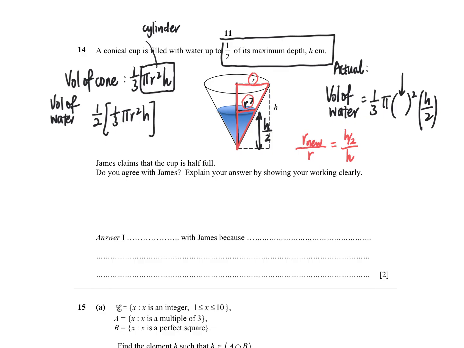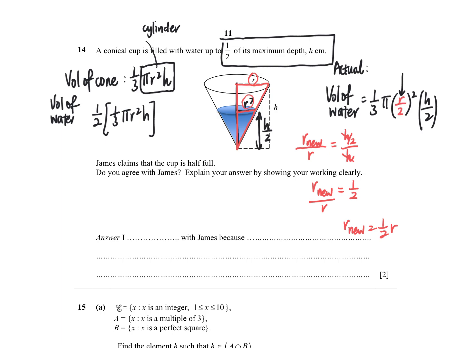I should end up having the new radius to be half of r. So if I follow the same ratio, my radius should also be half of my original, because my height is half of my original. So I will sub in radius to be r over 2.